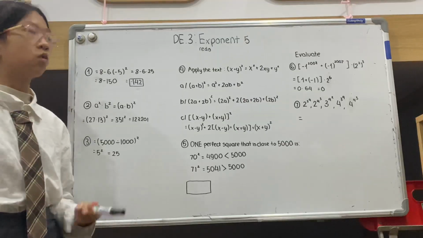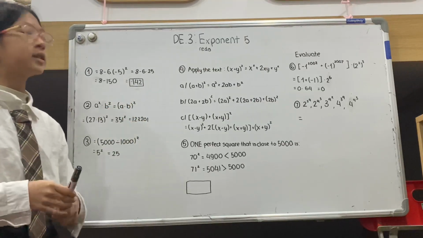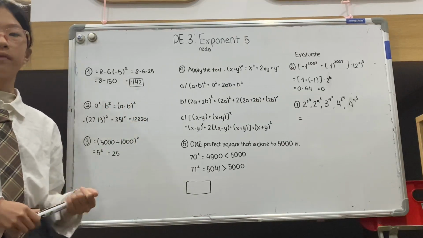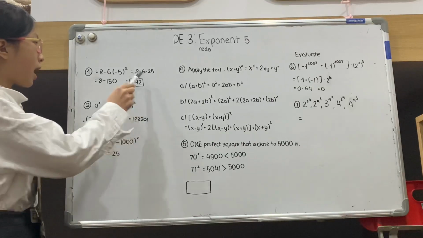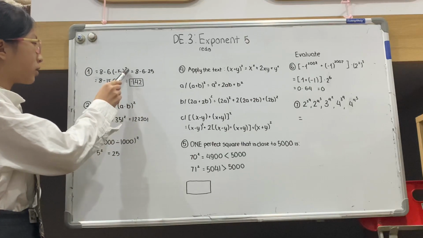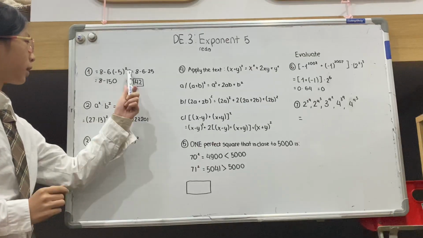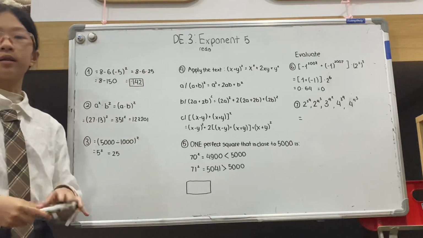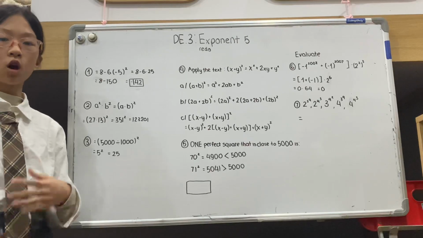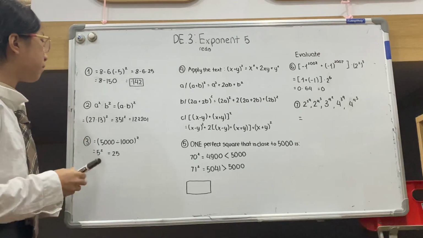In the next step, I have 8 minus 6 times 25. The power of the total square, which is right here, I applied to negative 5, which turns into 25.